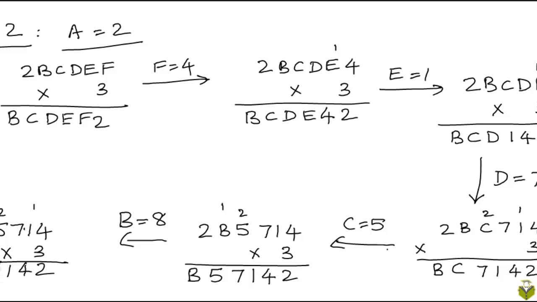So we get 857,142 as the result. And this is consistent with the result over here, because we just put B equal to 8 over here. So this is another solution to our cryptarithm.